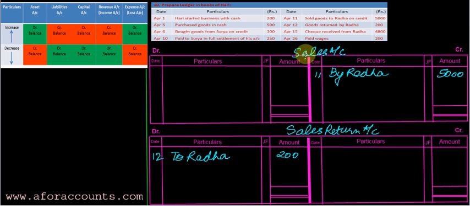Okay, next entry, April 15th, check received from Radha 4800. See, 5000 minus 200 is 4800, so the full amount check has been received. The entry, as check is received, will be bank account debit to Radha.